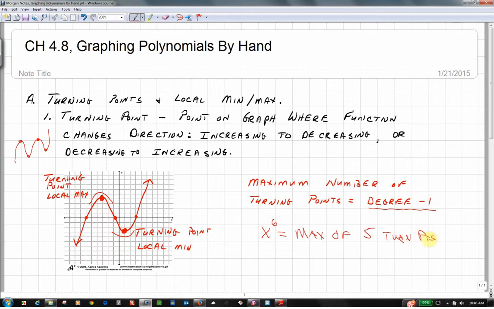Okay, and of course, an x to the 6th could just look like a parabola if it was a real simple x to the 6th, or it could look like something like this, and we could see we would have a turning point, a turning point, a turning point, a turning point, and a turning point. So it's a 6th degree. I would expect that it could have at most 5. This one has 1, 2, 3, 4, 5. So sure enough, but it's not going to have any more than that.